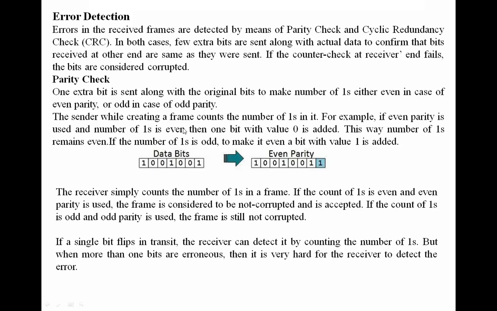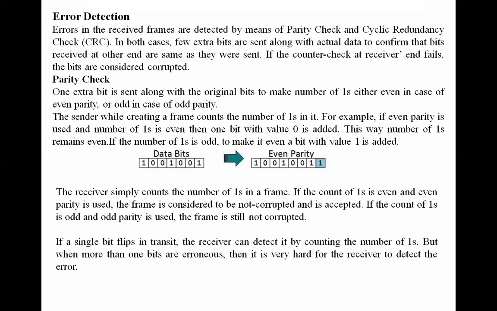The sender, while creating a frame, whether it is 4-bit, 8-bit, 16-bit, anything, counts the number of ones in it. If the number of ones is odd, we add 1 at the end of the bits. If the number of ones is even, you have to add 0.